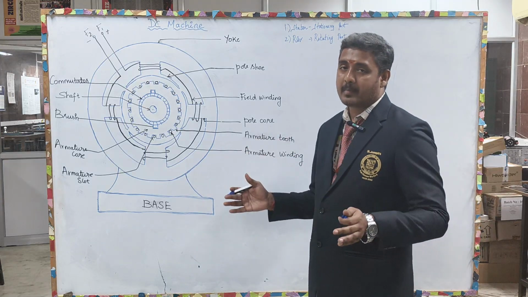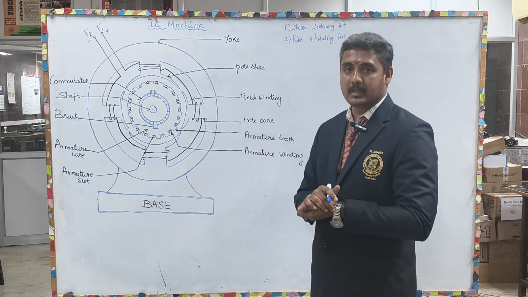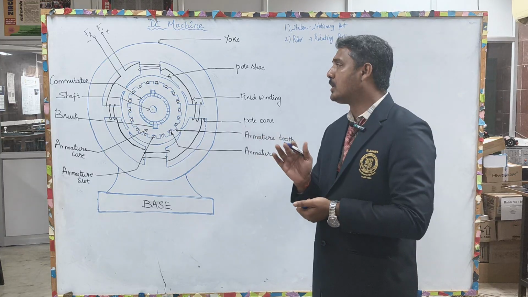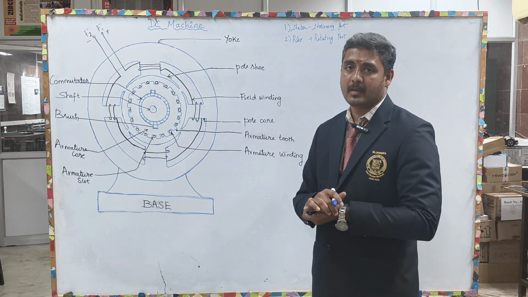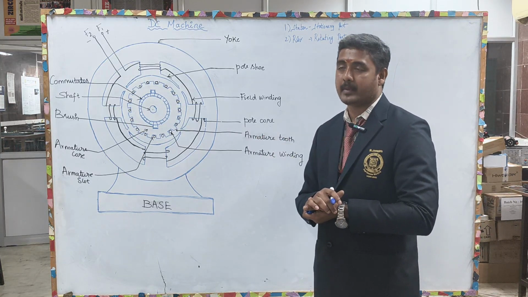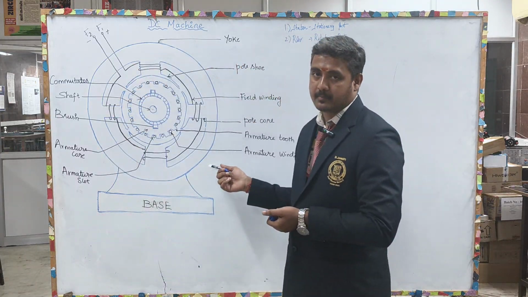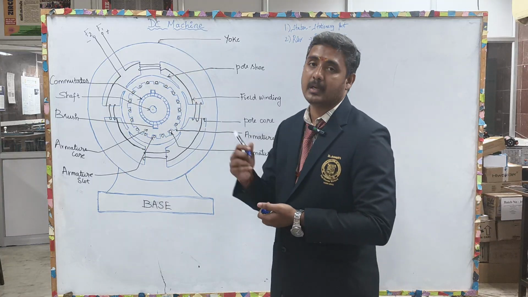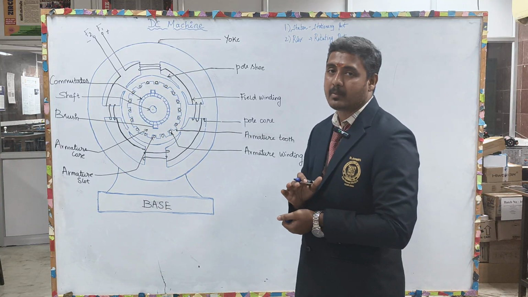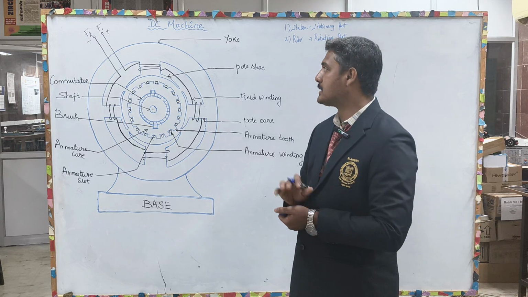First we will go from the outer part to the inner part of the DC machine. The outer part of the DC machine has yoke. Yoke is nothing but it is a casing of the DC machine. That is a protective part of the DC machine.